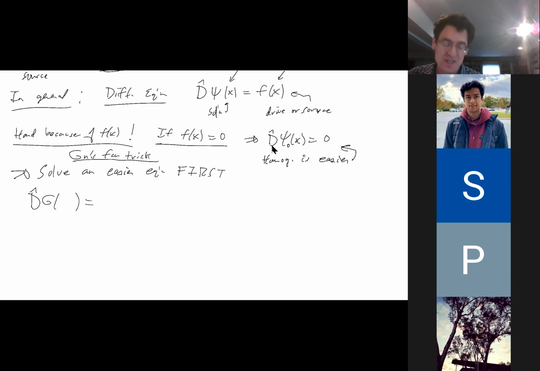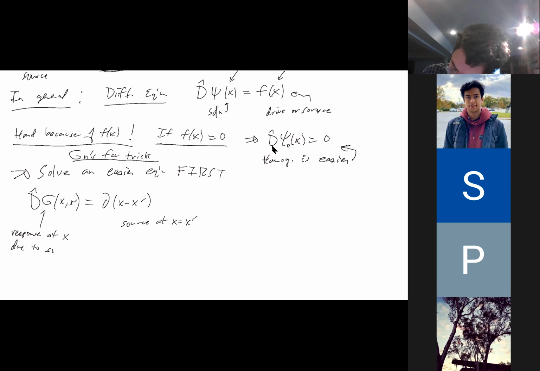Do you guys remember what the source is for the Green's function? A delta function. That's exactly right. So basically I have a source at x prime, and I think of the Green's function as the response at x due to a point source at x prime.